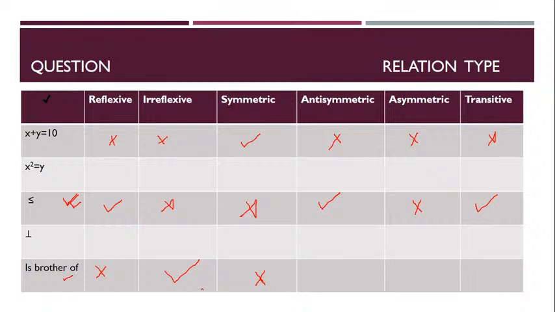And just because sometimes it may happen that x is a brother of y and y is a brother of x, that is sometimes bidirectional edges are coming true, and that's why it is not antisymmetric. Why? Sometimes it may happen x is brother of y, y is brother of x, that is bidirectional edges are coming, and if it is coming, then it can't be antisymmetric. And in the same manner, this can't be asymmetric.